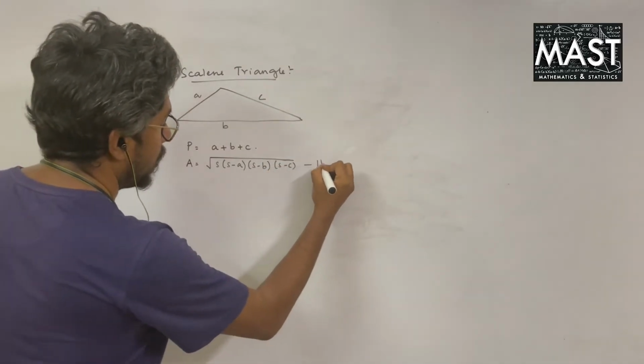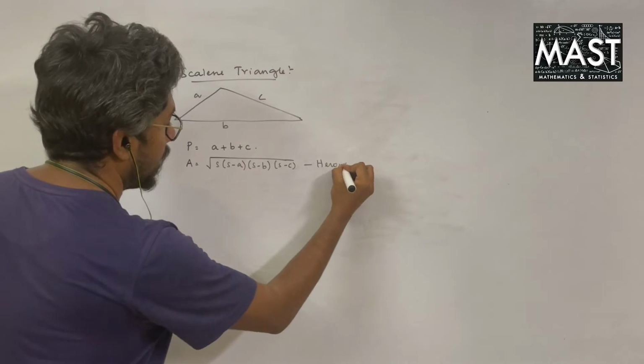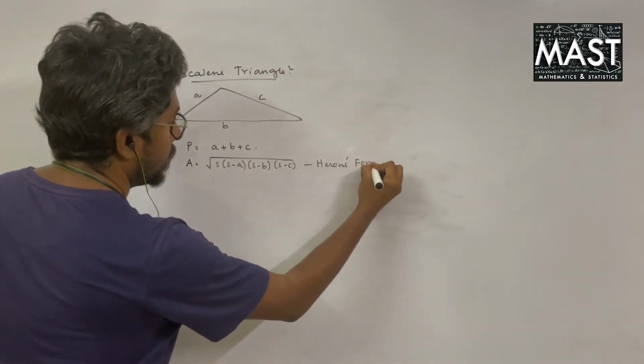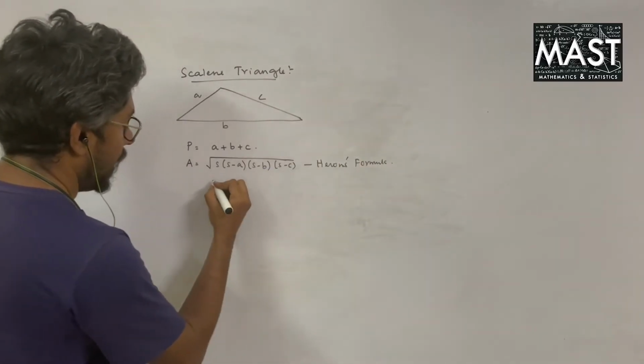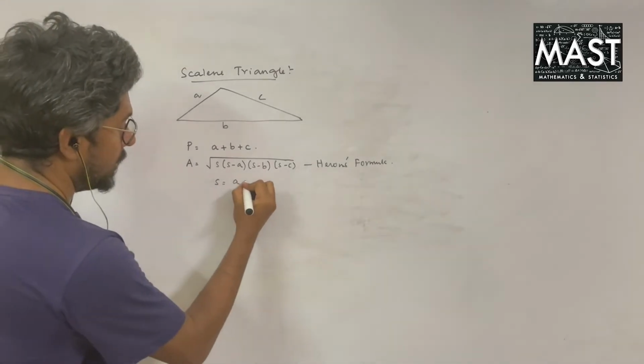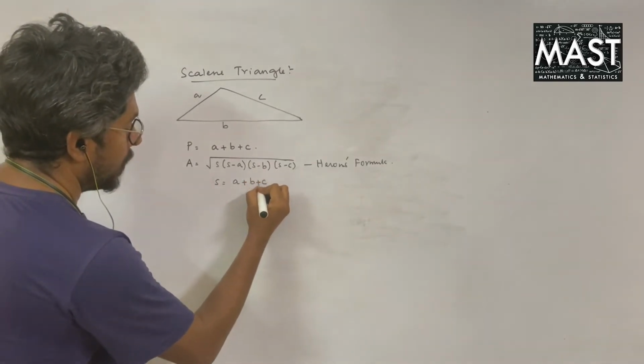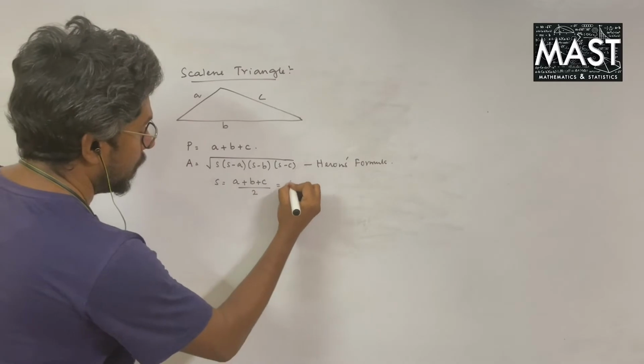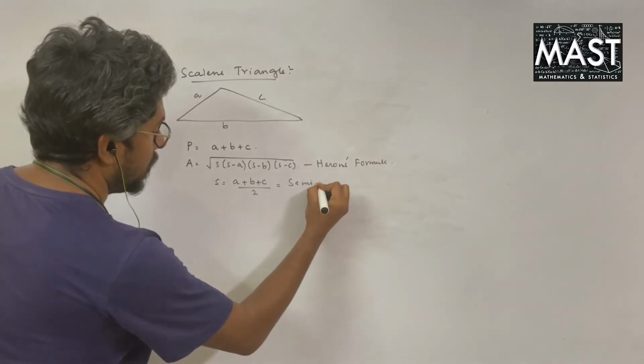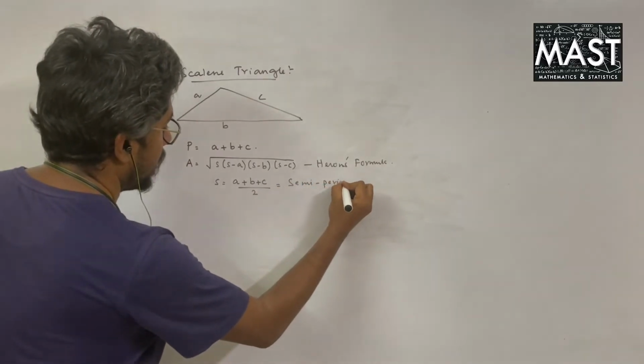This is also called the famous formula, Heron's formula. And s here denotes the semi-perimeter, or a plus b plus c by 2.